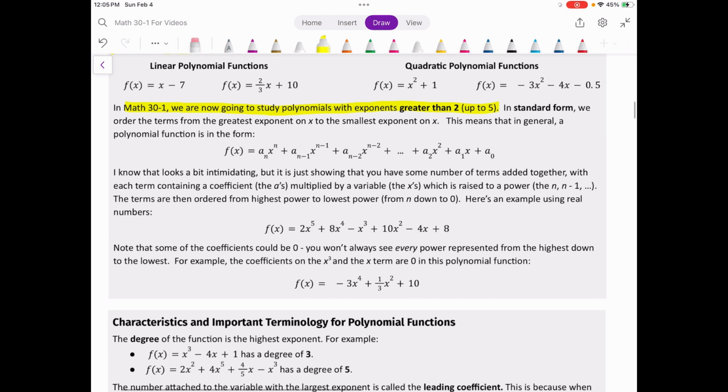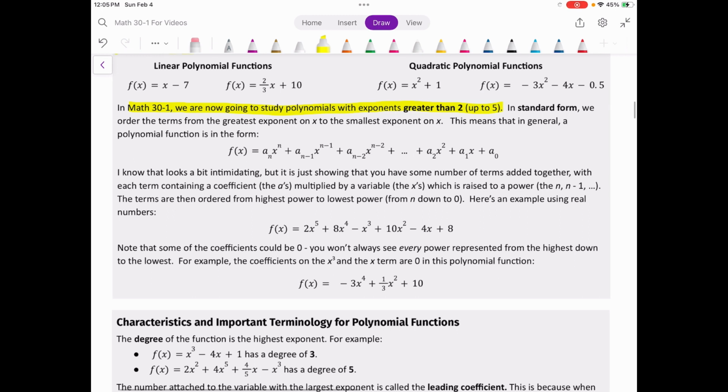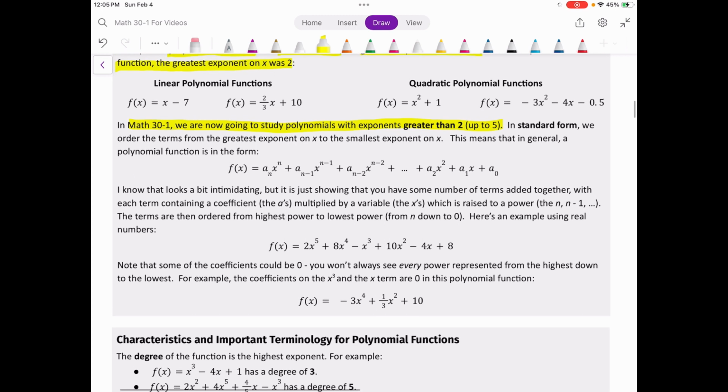Okay, so just a note on forms here. What we often want to write polynomials as, it's kind of just like proper etiquette almost for math, and you'll see why. It is nice to have it in this form. It lets you pick out the important information quickly. It's what we call standard form.